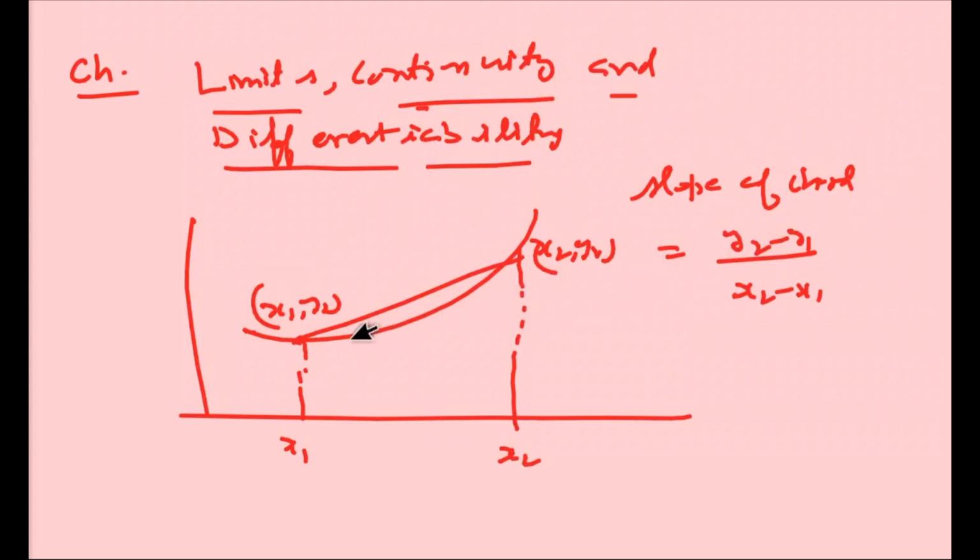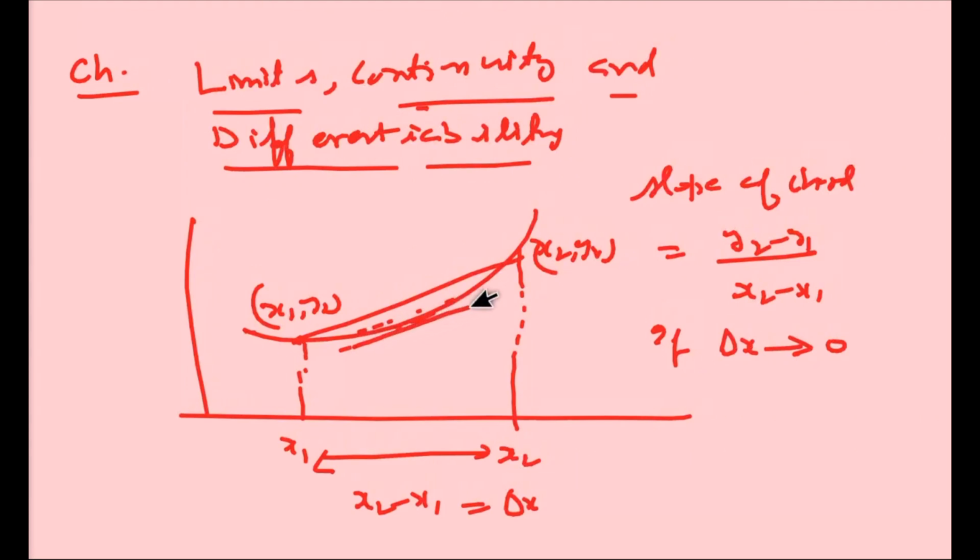Okay, now this slope of the chord, when this distance x2 minus x1, that is delta x, tends towards 0, what happens? The length of the chord will become near about 0 and it will be a tangent.